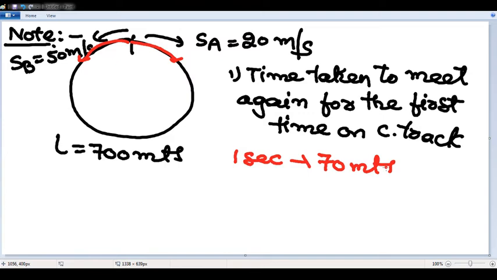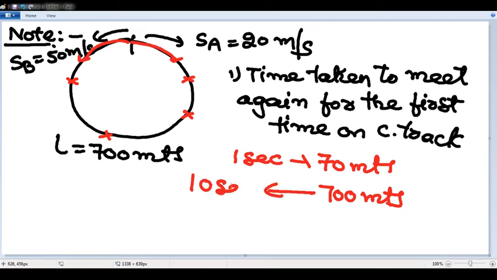Both are traveling in the opposite direction, so it is 70 meters. Wherever they meet on the track, the total length covered will be 700. 70 meters is 1 second, so 700 meters is 10 seconds.